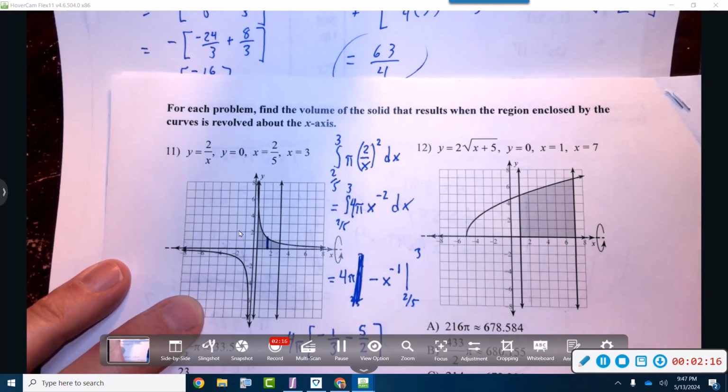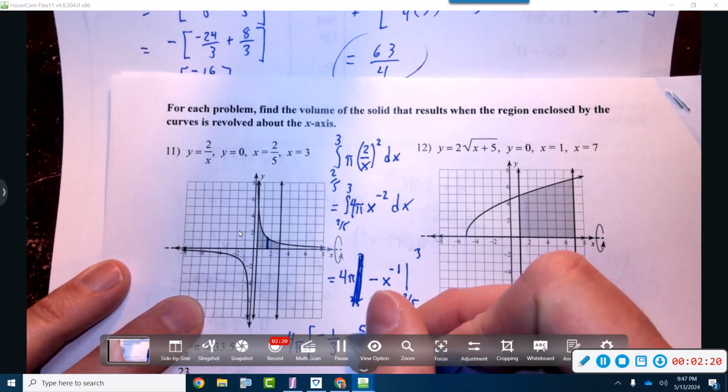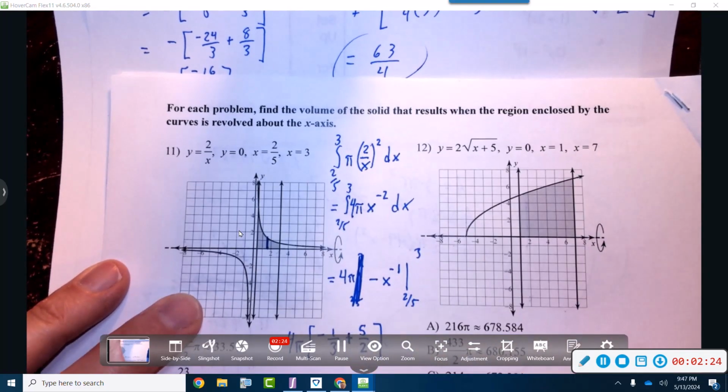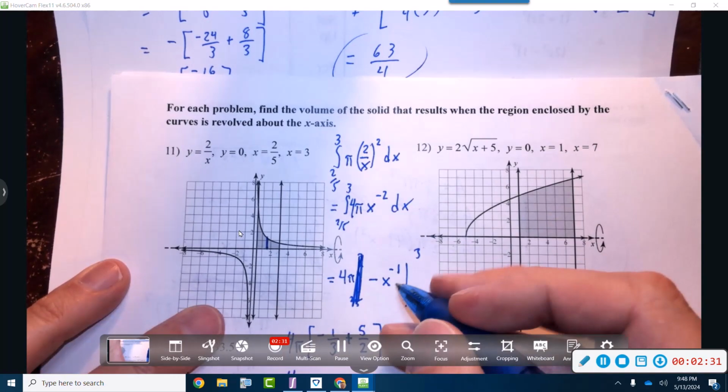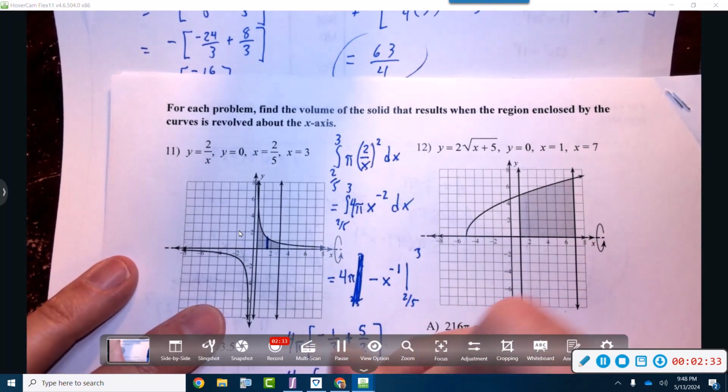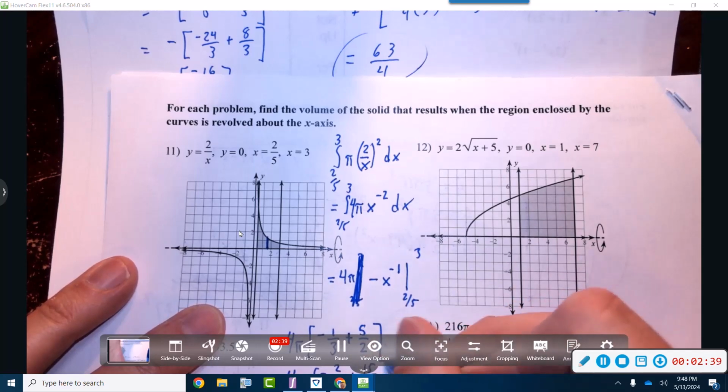Okay, so that needs to subtract a negative, so that would become positive. Okay, so what is that? Got a 4 pi, and let's see, this would be a negative 2/6 plus 15/6.